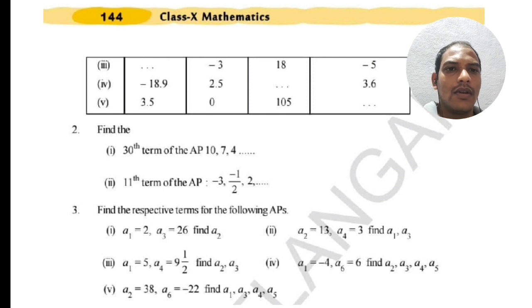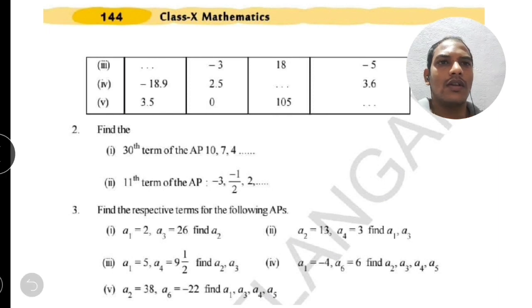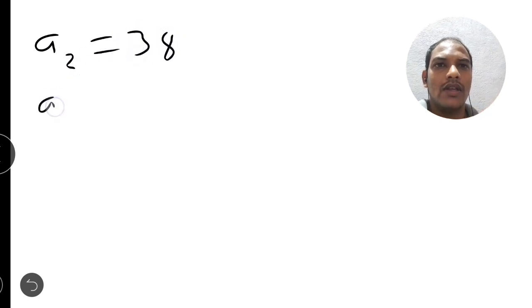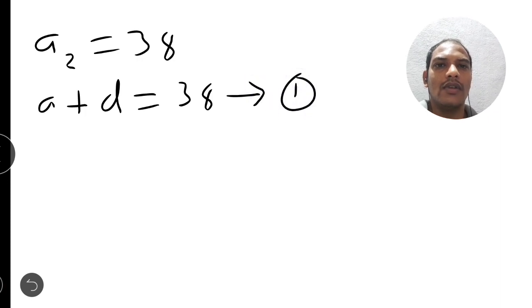Next, the fifth problem: A2 equals 38, A6 equals minus 22. So A2 is A plus D equals 38, equation 1.